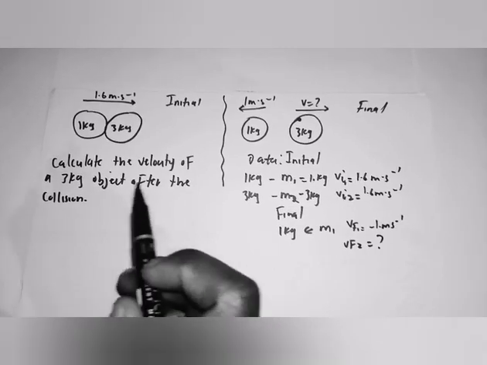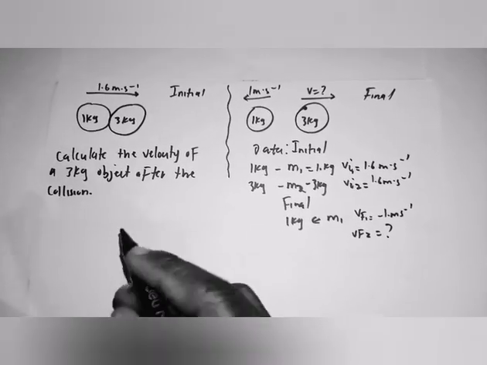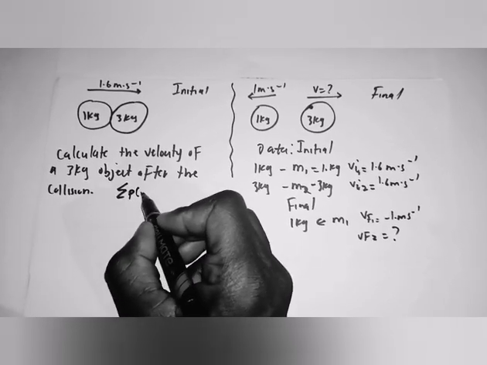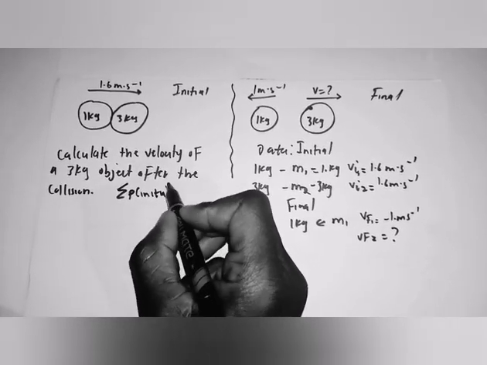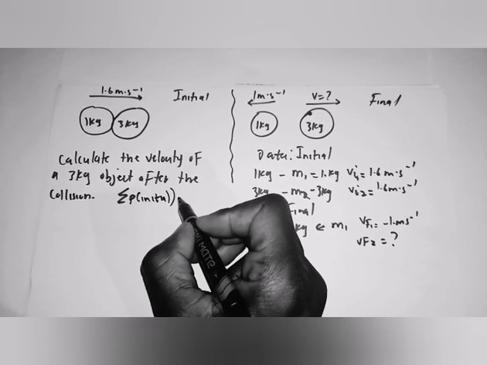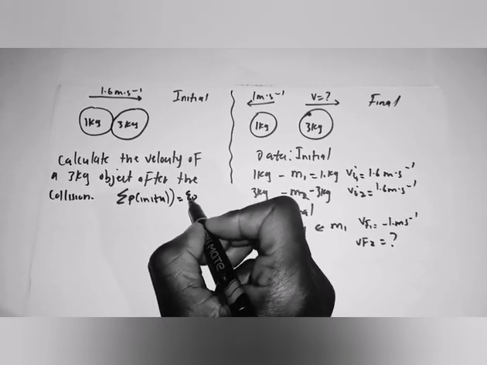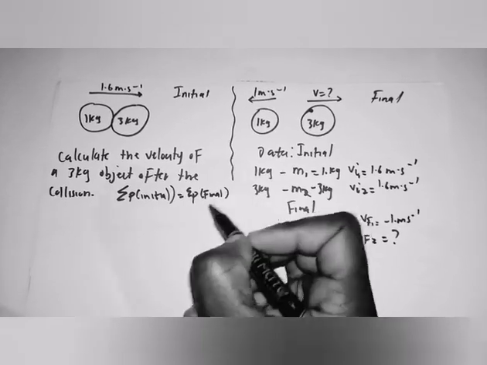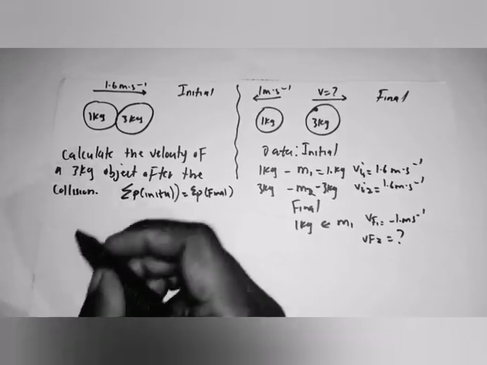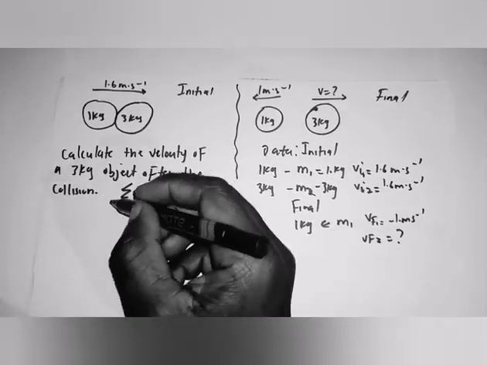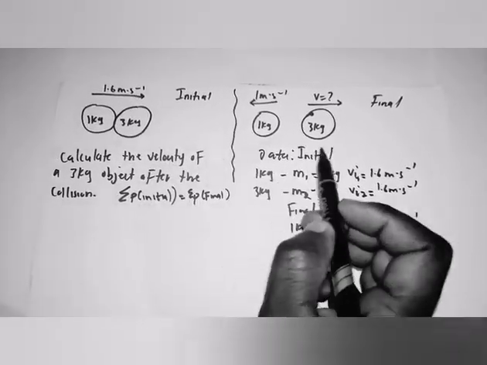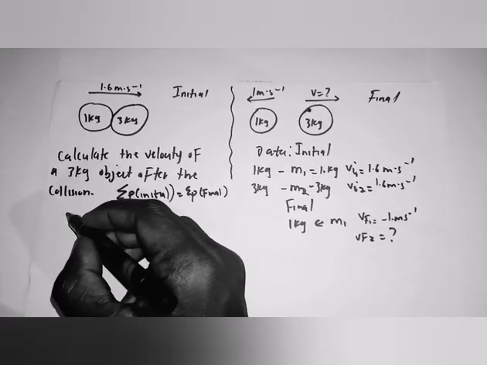So it is very important for you guys to collect your data, calculate the velocity of the 3 kg block after the collision. Before you can choose your formula, it is very important to write sigma p initial equal to sigma p final. Then you can see that the objects move together before the collision and separately after.